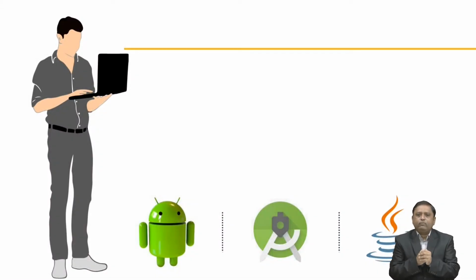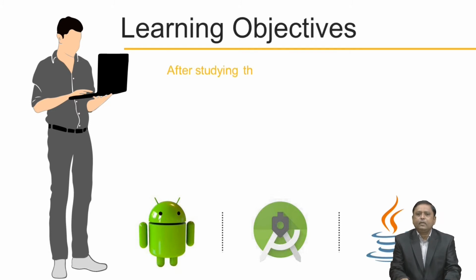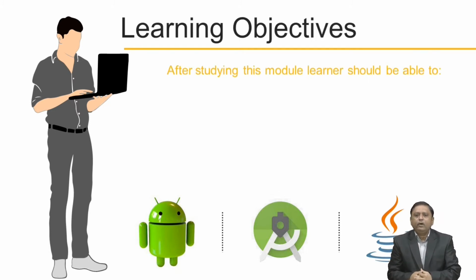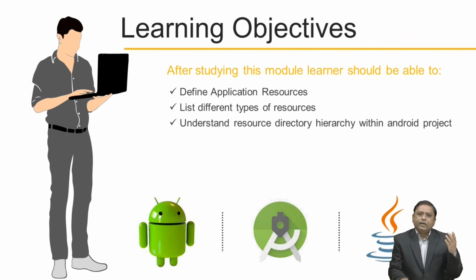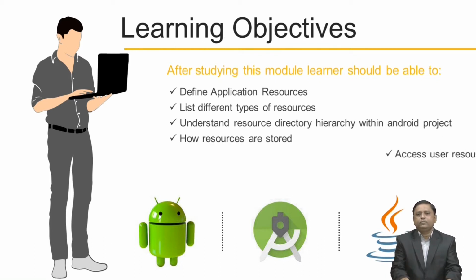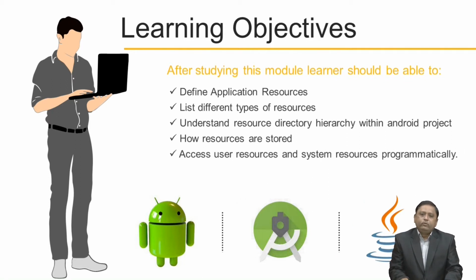Learning objective for this module is, after studying this module, learner should be able to define application resources. He or she can list different types of resources. You can understand resource directory hierarchy within Android project and how resources are stored. You will also learn how to access user resources and system resources programmatically.